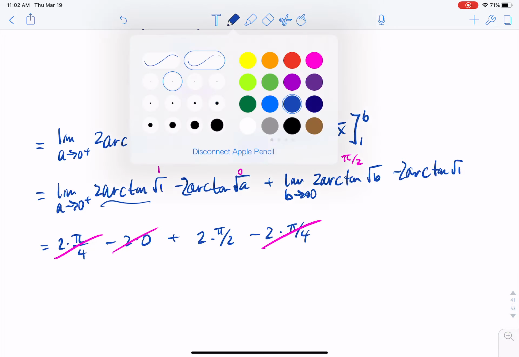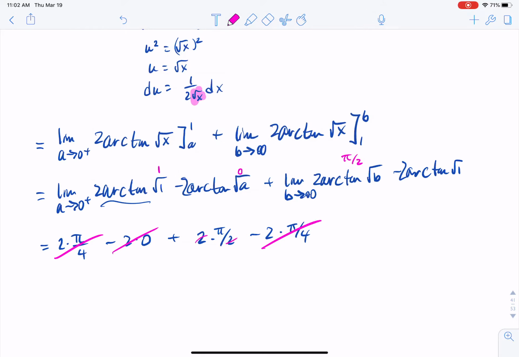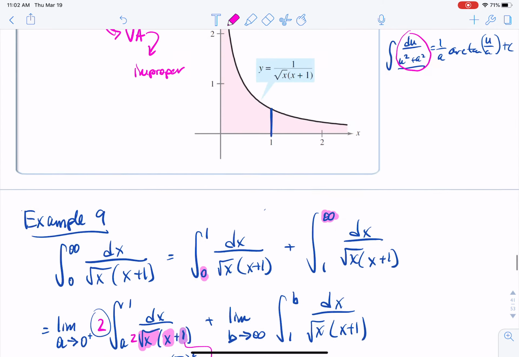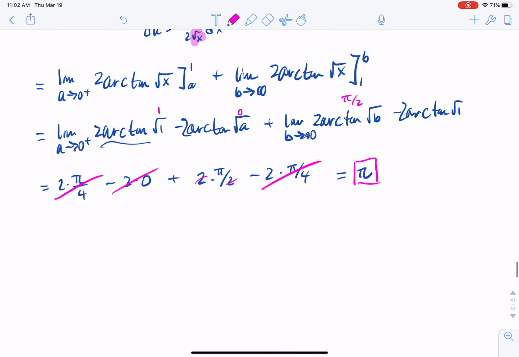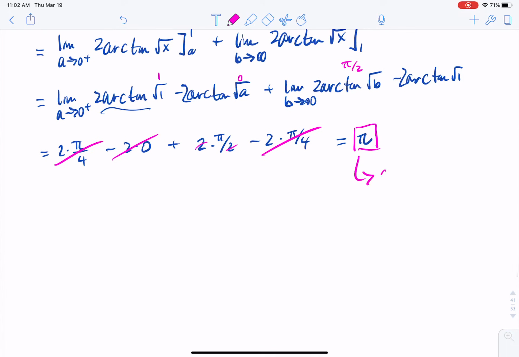Our final answer here is pi. Of course it was pi. Why wouldn't it have been pi? Right? Doesn't it even look like it? That area right there, that pink region right there, converges to pi.